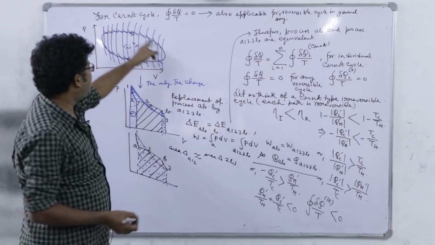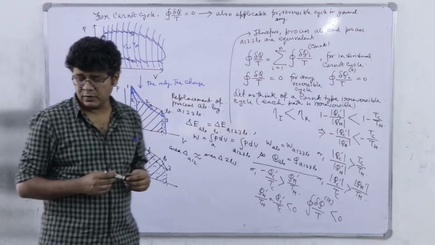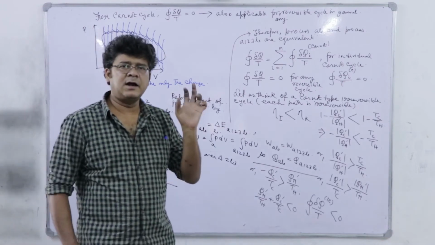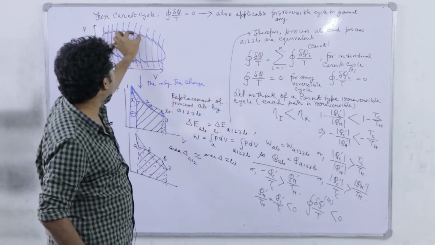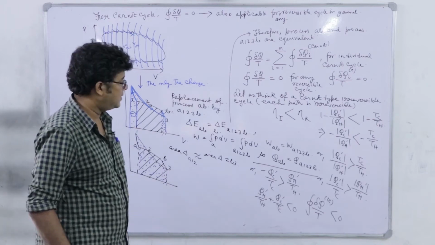And again, for an irreversible cycle, you note that a cycle with any part, any section, like this small section, is irreversible, then the total cycle becomes irreversible. Right.